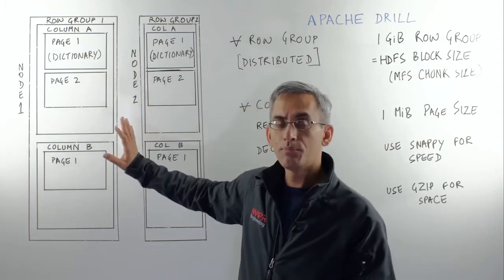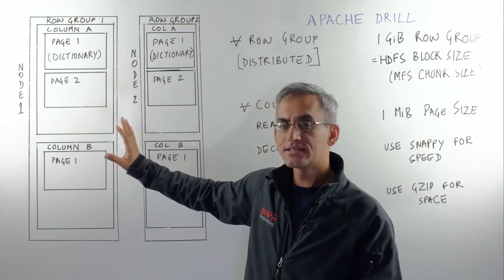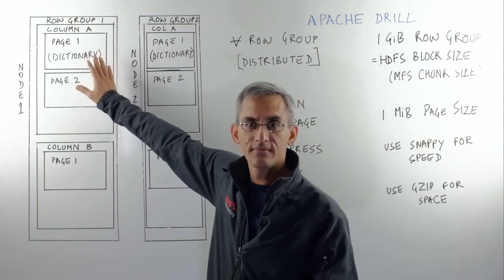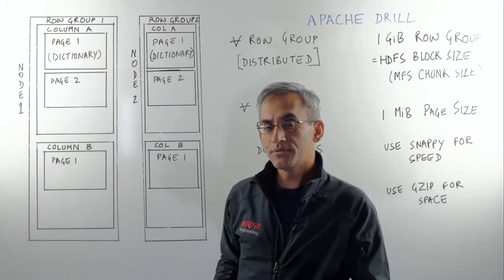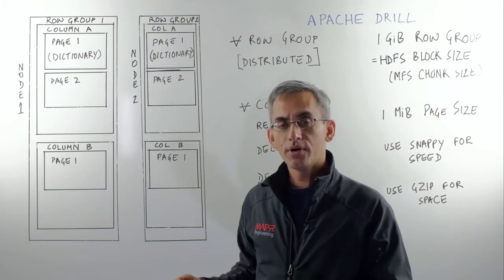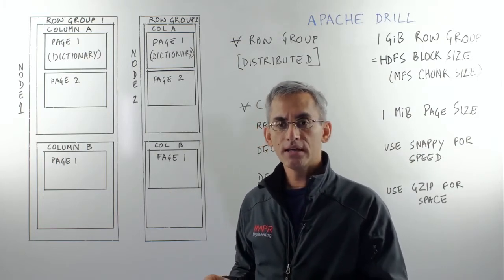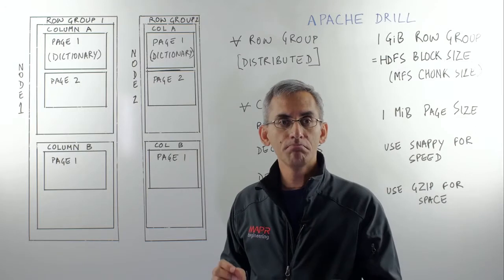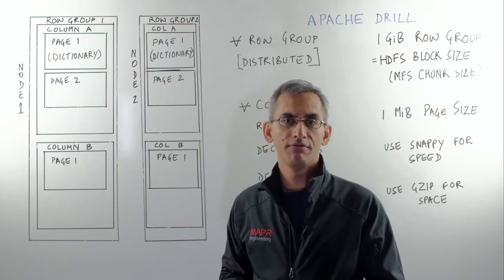Within the column, the Parquet file organizes data into pages. And pages can be of different types. One of the types of pages can be a dictionary page. But the thing to remember, particularly for Parquet, is that a page is the minimum unit of granularity for a Parquet file.